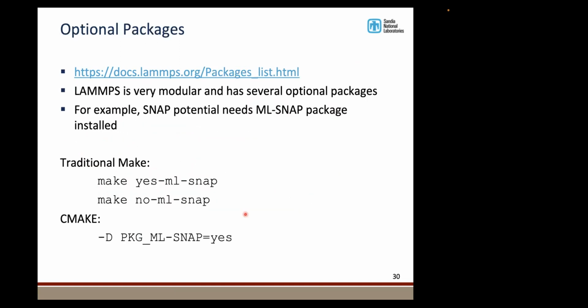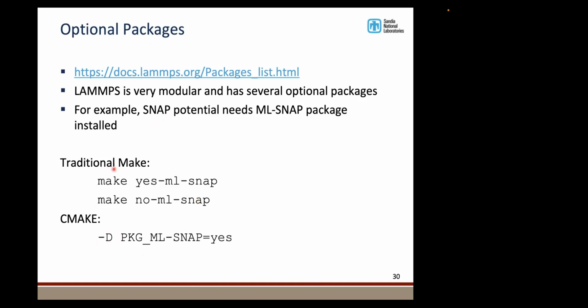Okay, so LAMMPS, like I said before, is a very large code. It's very modular, and there are several different optional packages. So if you build LAMMPS, typically you'll just get the default code, which is fairly small. If you need some other optional package, so say you want to run the SNAP machine learning potential, then you have to include this package before you build or during the CMake configure.